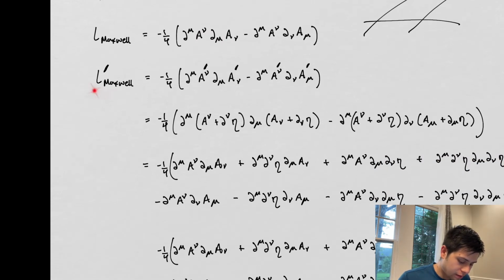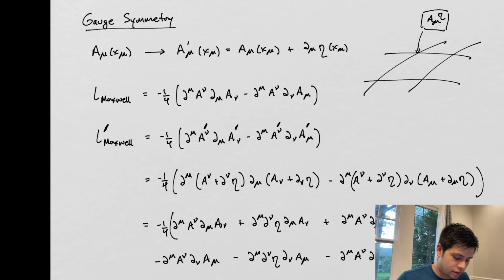And then I'm doing nothing different here except for putting these primes on here. And these primes are right here. That's just the transformed 4 vector.